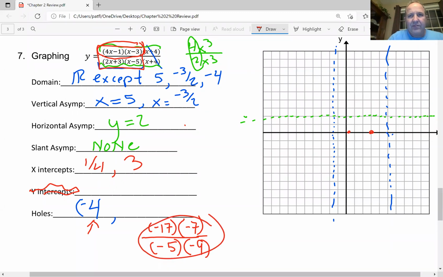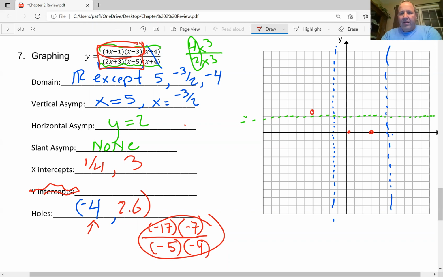We multiply this out. Let me get my calculator. We get about 2.6. So there's going to be a hole at -4 at 2.6. There's a hole right there.